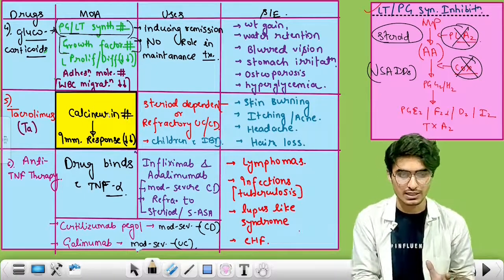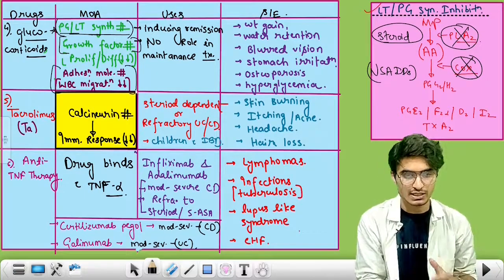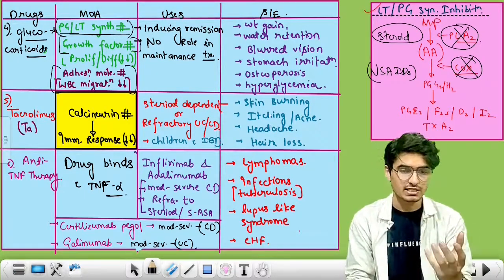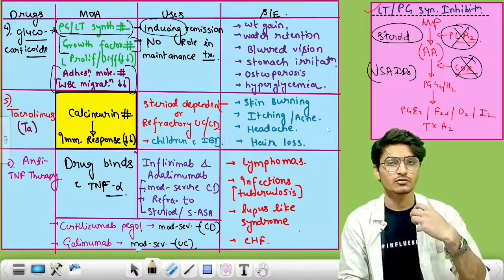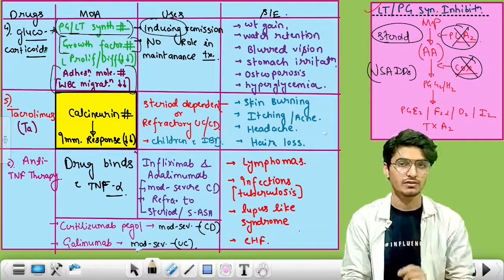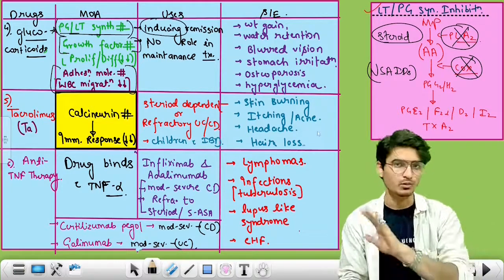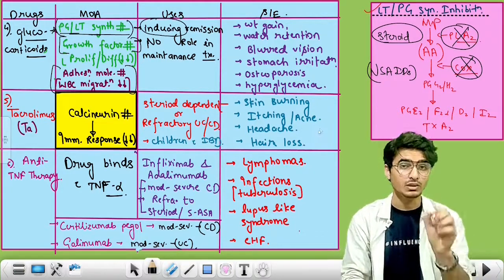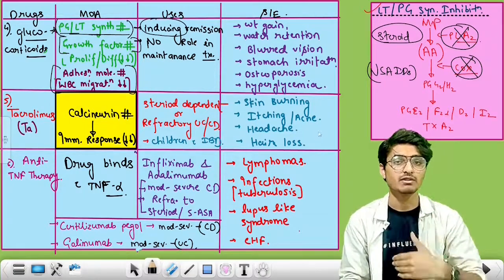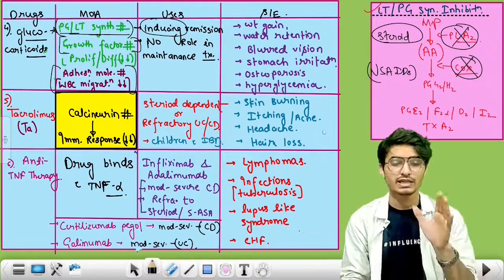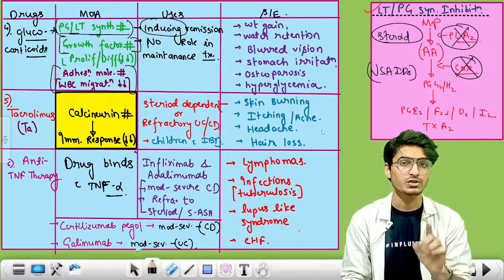So that is the mechanism, and subsequently the uses, right? And that is solely used in the case of induction. Okay, so in the case of induction of remission, that is given in both CD and UC, but only in induction, not in maintenance, since it has massive side effects associated. That's why we need to provide it in induction only.